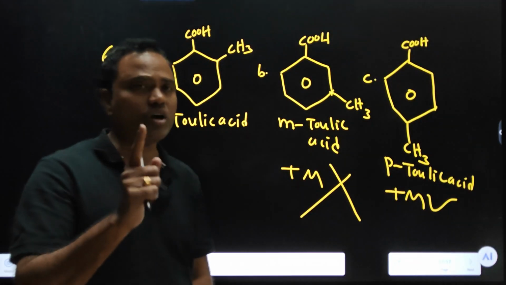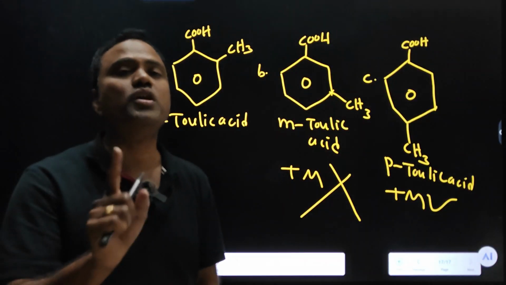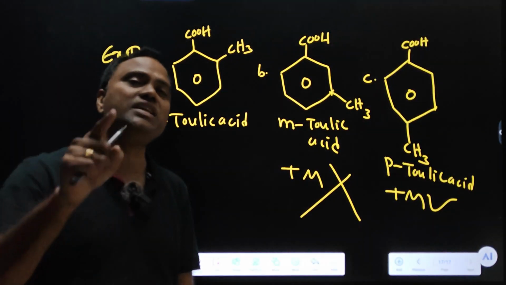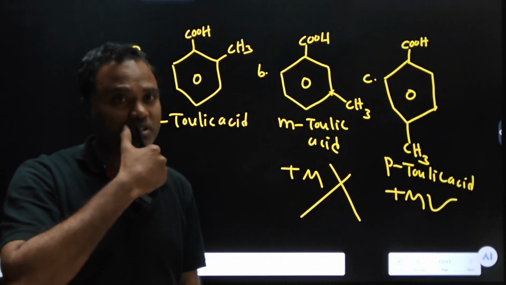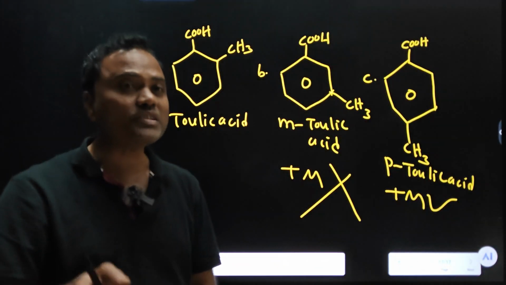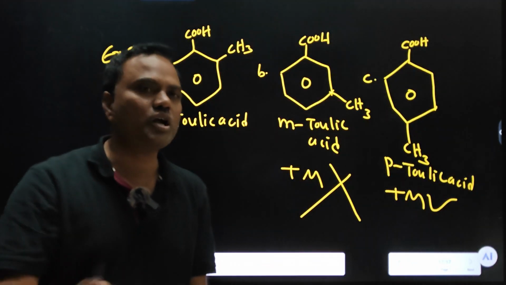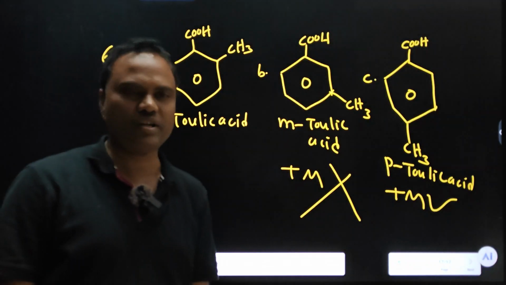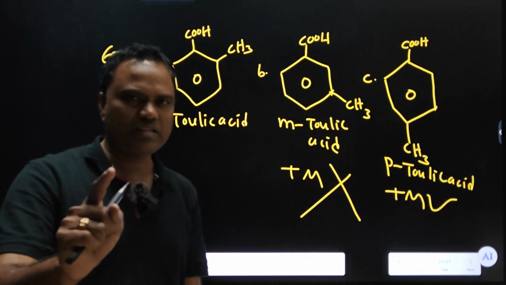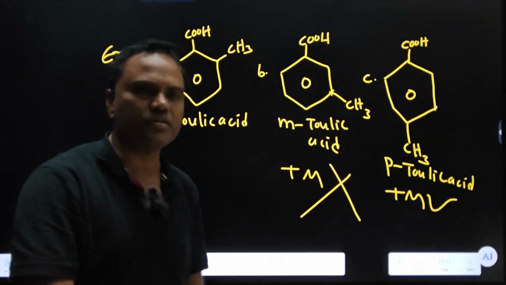For acidic nature, plus M should not be present, plus I should not be present. For acidic nature, minus I should be present, minus M should be present. That is the criteria for acidic nature.